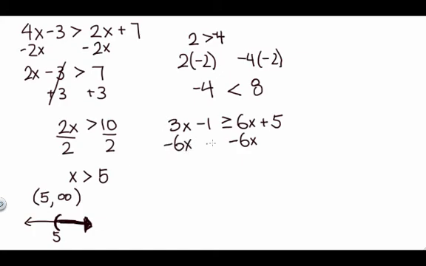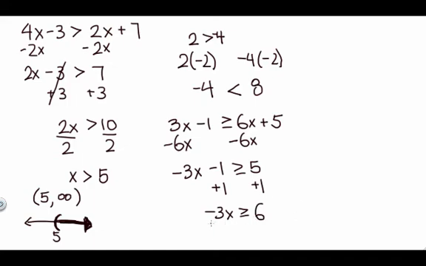Whichever way is correct; you could subtract out 3x from both sides or 6x from both sides. So I get negative 3x minus 1 is greater than or equal to 5. Then I'm going to add 1 to both sides so that I can isolate my x. So I have negative 3x is greater than or equal to 6.